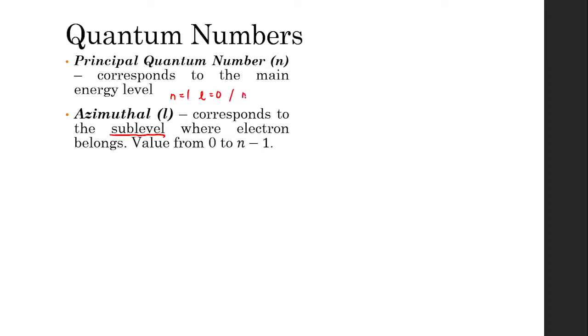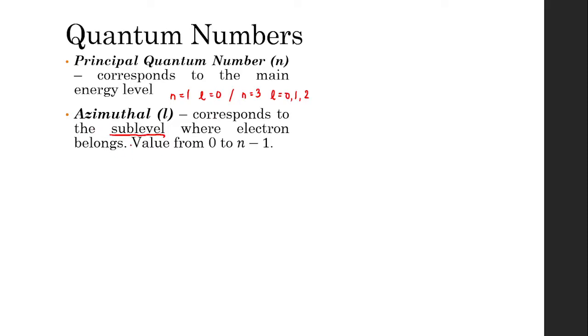If you have, for example, a principal quantum number of 3, which means you are at the third main energy level, your L can be 0, 1, or 2. Which means these sublevels can be 0, 1, or 2.